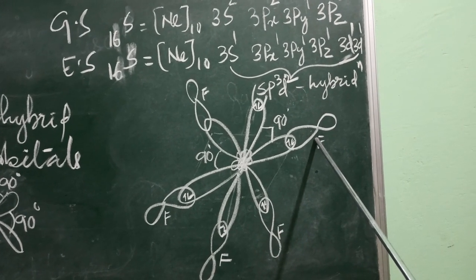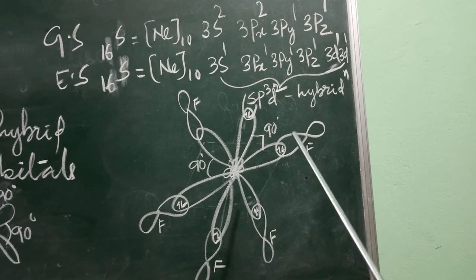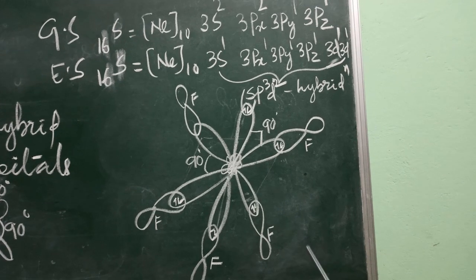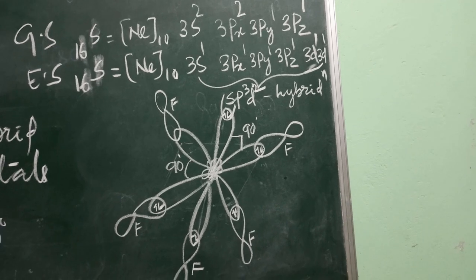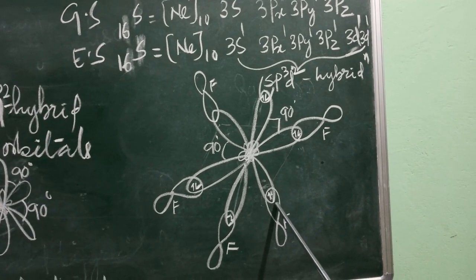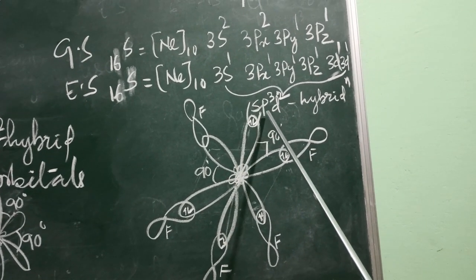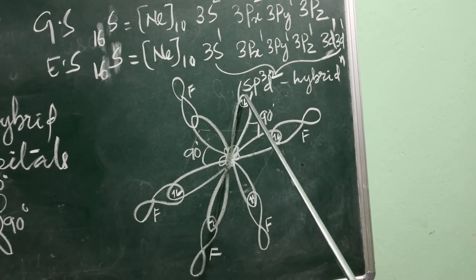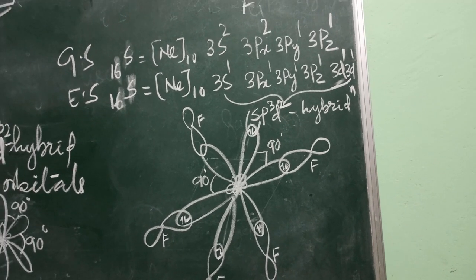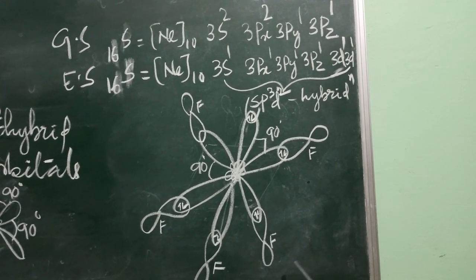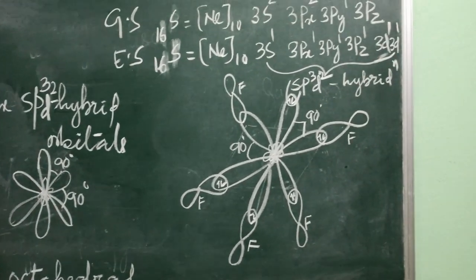All fluorines come with their p orbital, and this p orbital overlaps head on to give an sp3d2-p sigma bond. All are like this. Due to lack of space, I have not drawn this p orbital. This is also an sp3d2-p sigma bond. This is the structure of SF6, the octahedral, and we'll see it through the model.